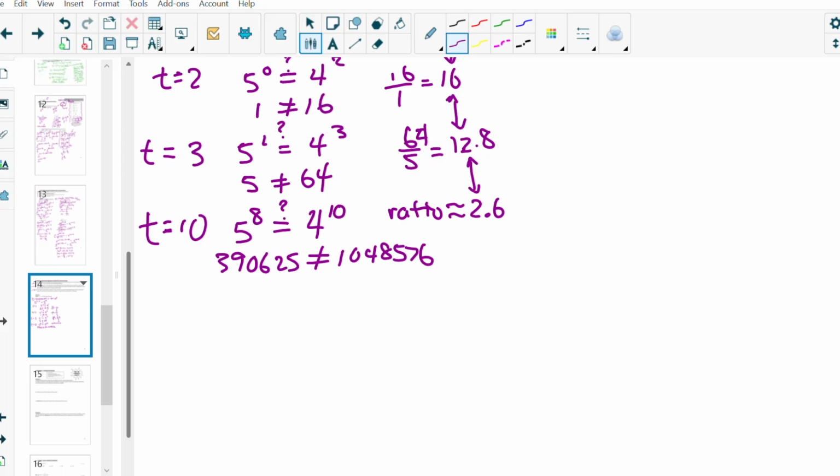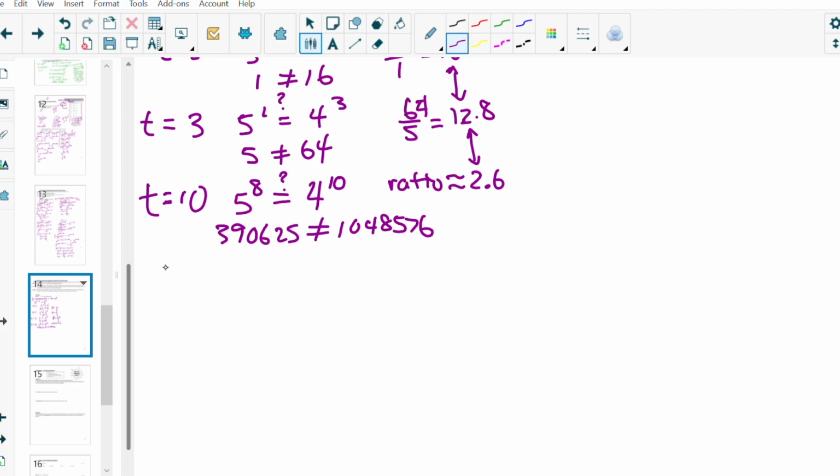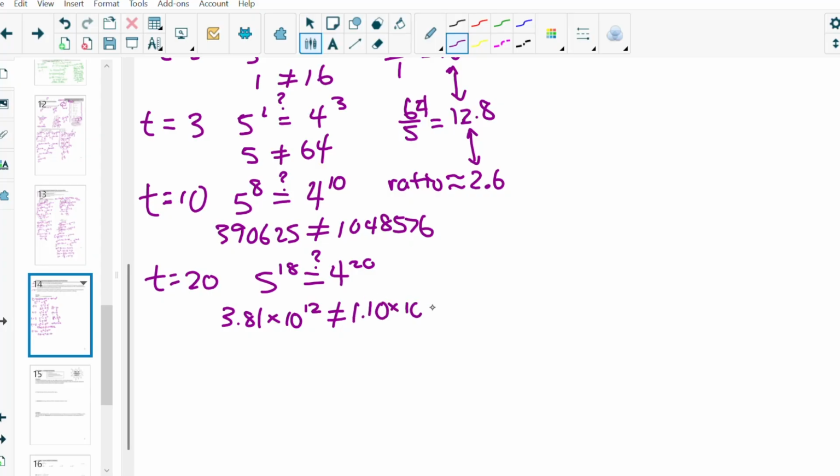When I did this on my paper, I did a lot of examples, so I'm going to shorten it a little bit. I went to t equals 20, and then you get 5 to the 18th. Does that equal 4 to the 20th? I have to start using scientific notation: 3.81 times 10 to the 12th does not equal 1.10 times 10 to the 12th.